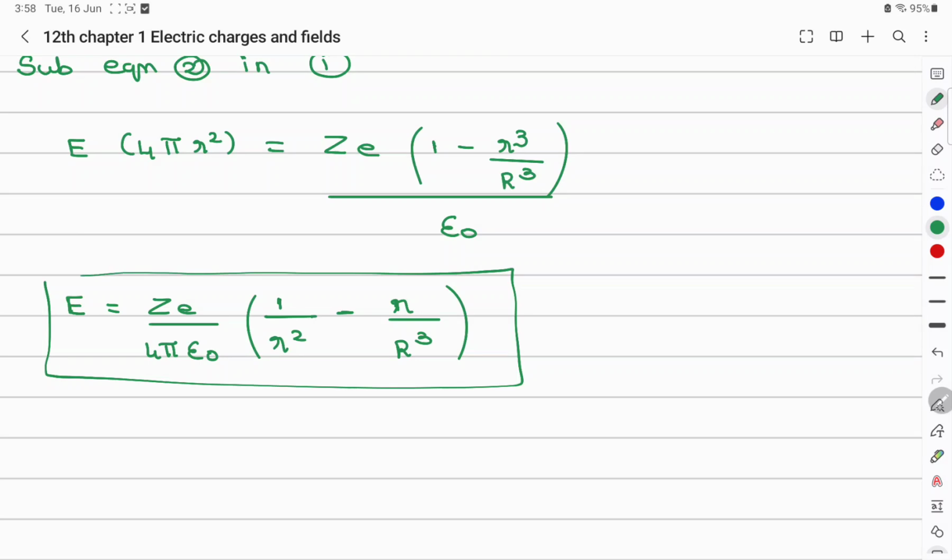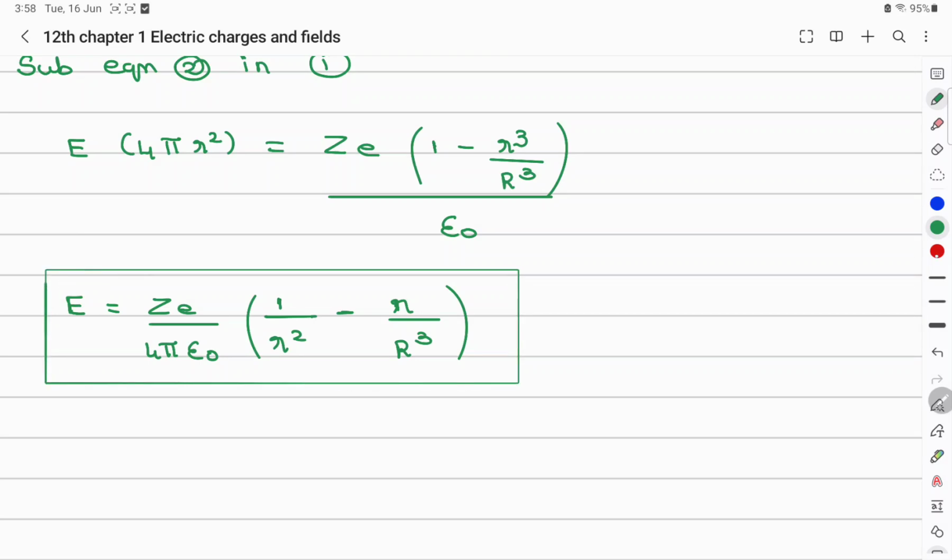So this is the electric field inside the atom.